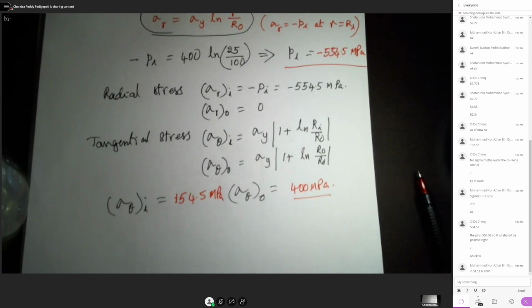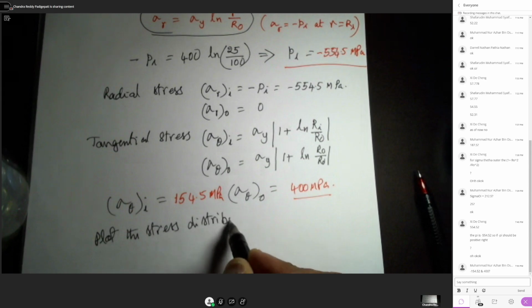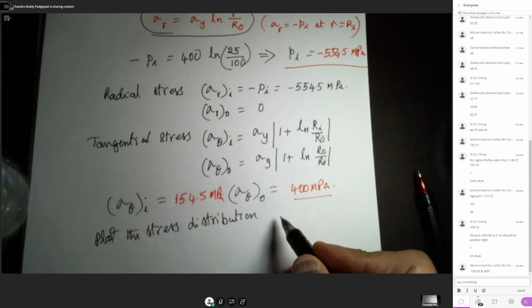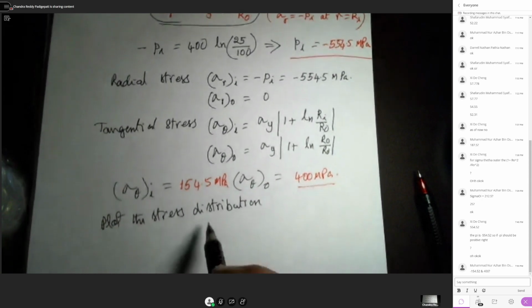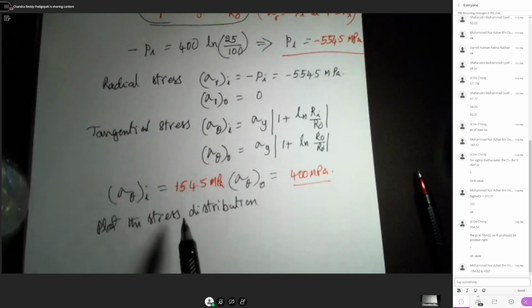Okay, so then you need to plot the stress distribution, as was done in part A. So I skip plotting the stress distribution.